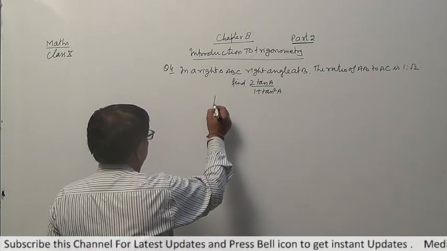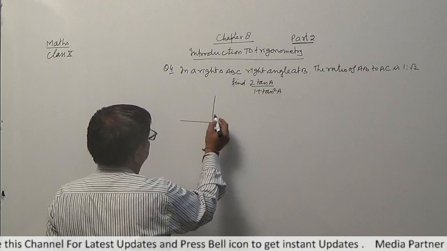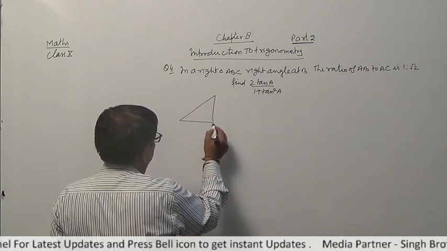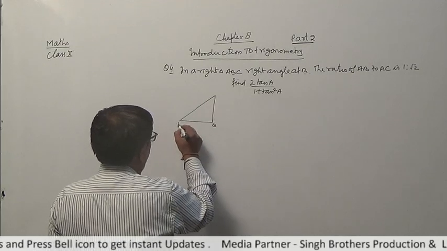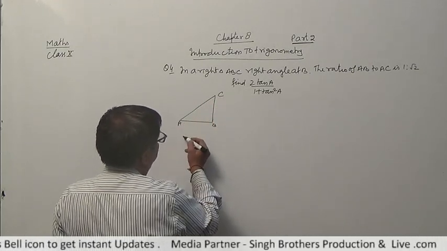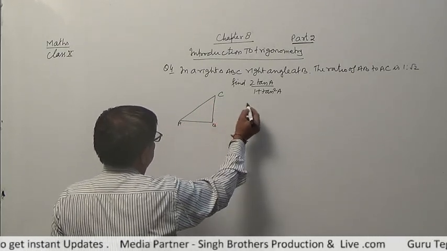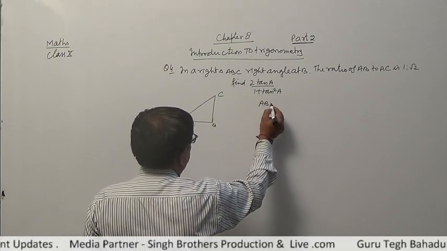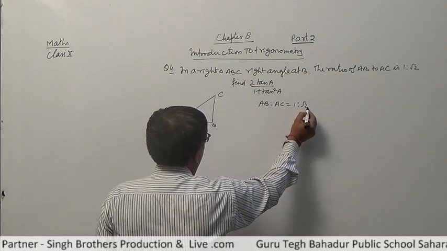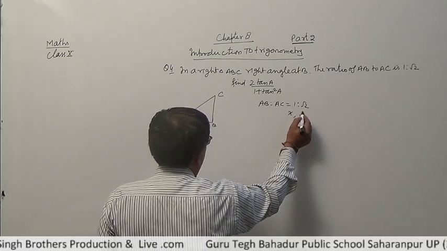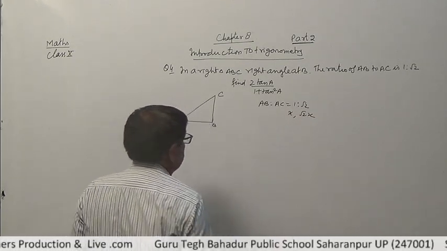So this is a right angle triangle, right angled at B. The ratio AB to AC is 1:2, that is x and root 2x.